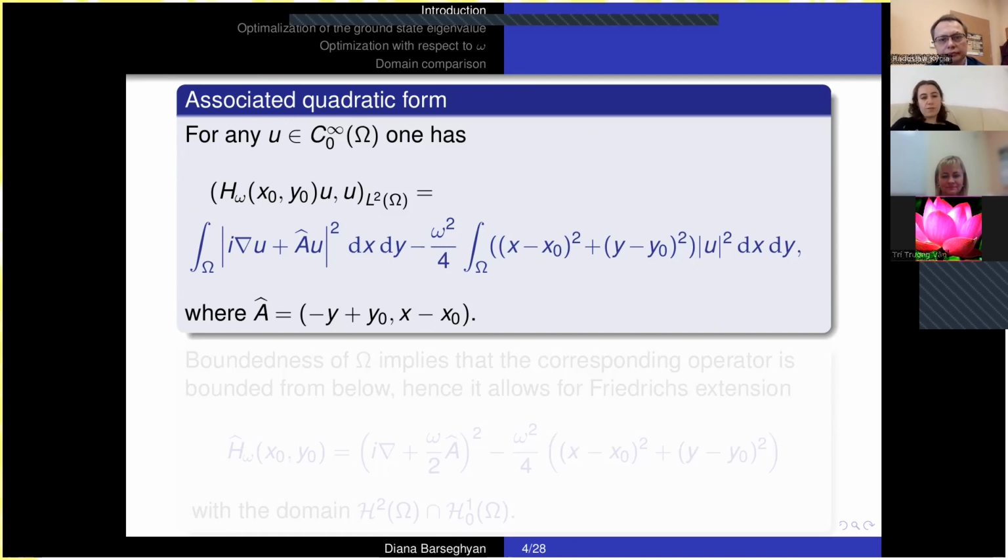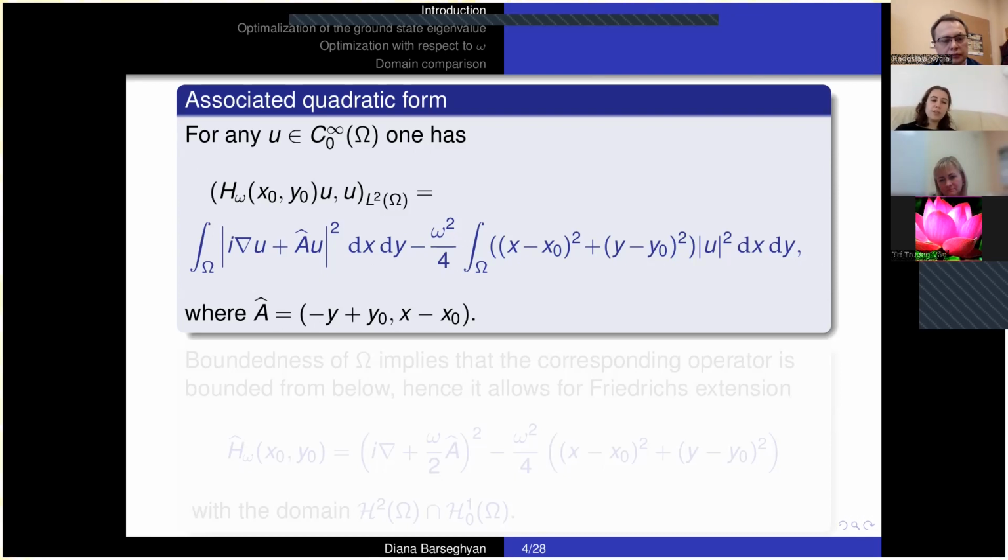This means infinitely differentiable functions with compact support in omega. Then we calculate the quadratic form, which is the left-hand side of this equation, of H omega x0, y0 at u. When you calculate it, you get this expression on the right-hand side.